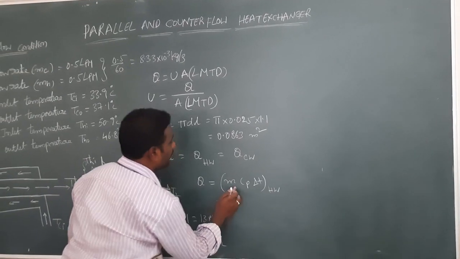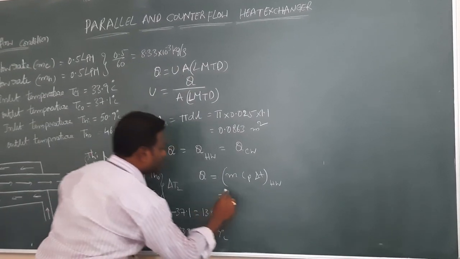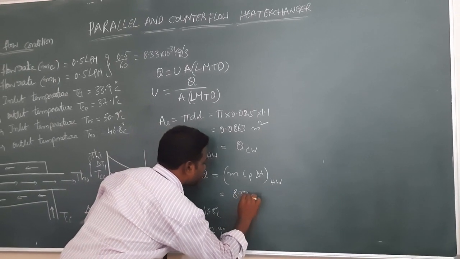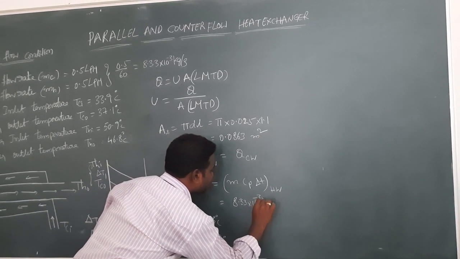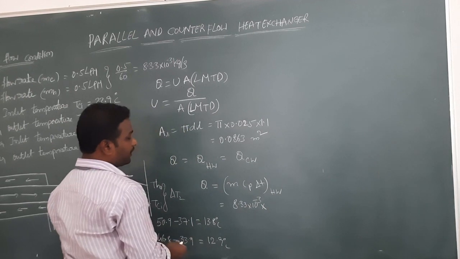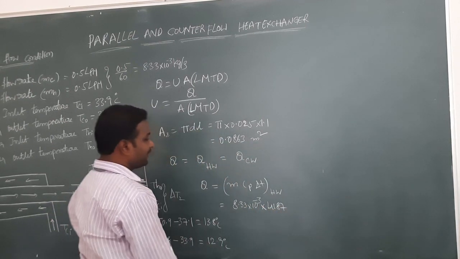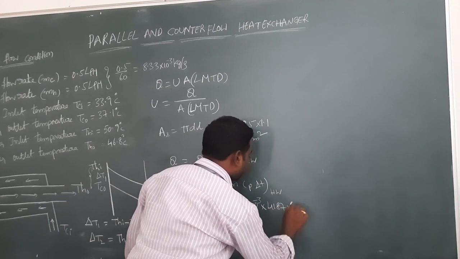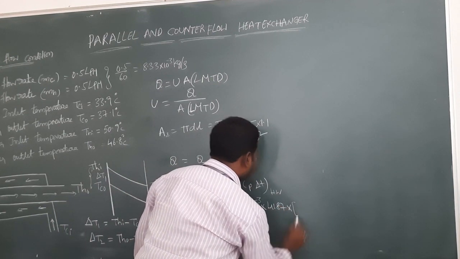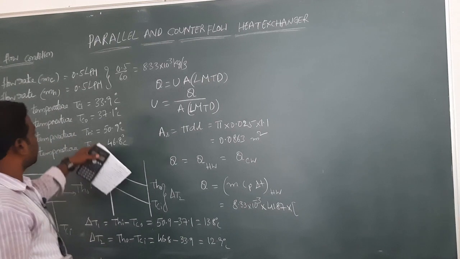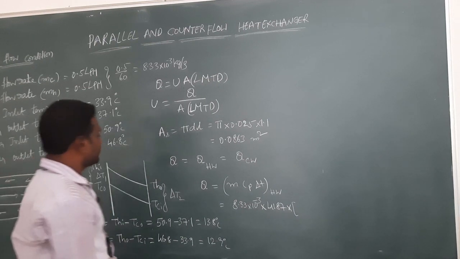Here the mass flow rate of the hot water is already calculated, 8.33 into 10 to the power of minus 3. We know the specific heat of water is 4187 joule per kg degree centigrade. Temperature difference, hot water inlet and outlet temperatures, 50.9 minus 46.8.